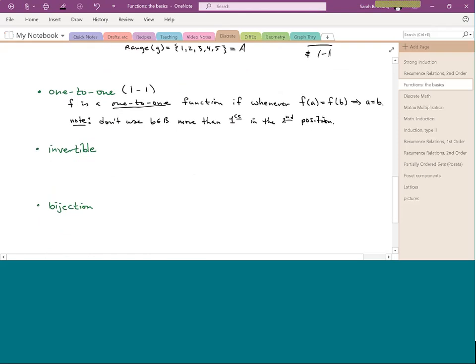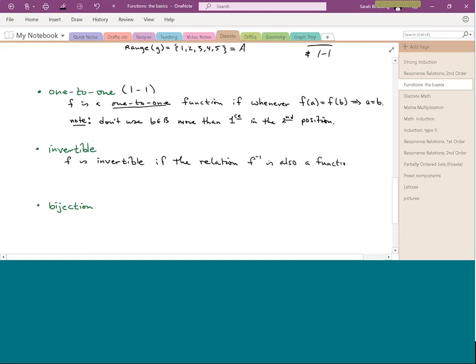Okay. So we also have what's known as an invertible function. So this one here is, f is invertible. The assumption is you start off with a function. If the relation f inverse is also a function.